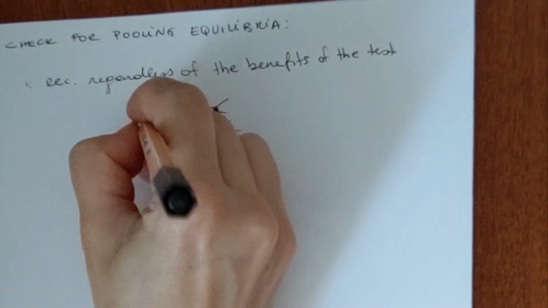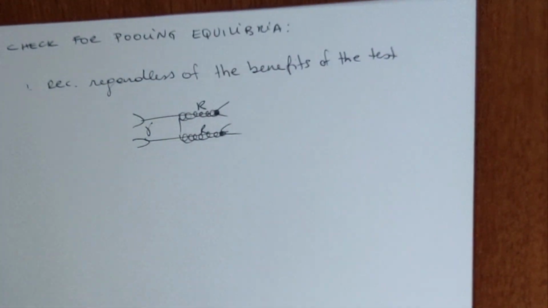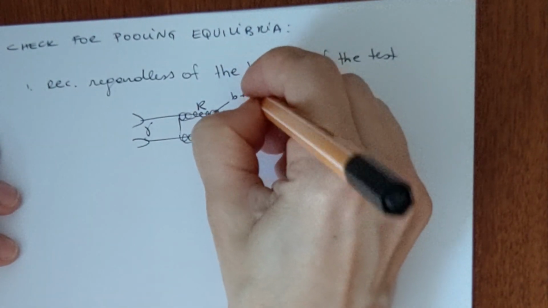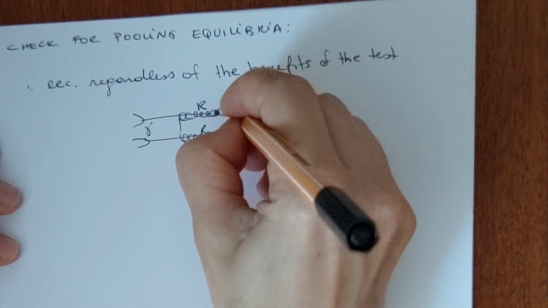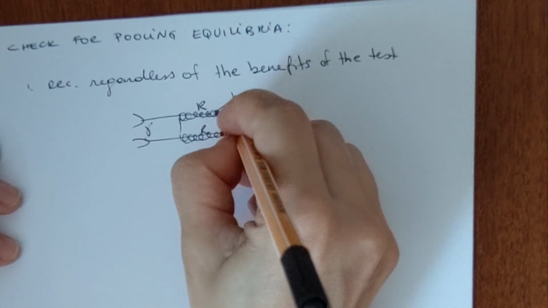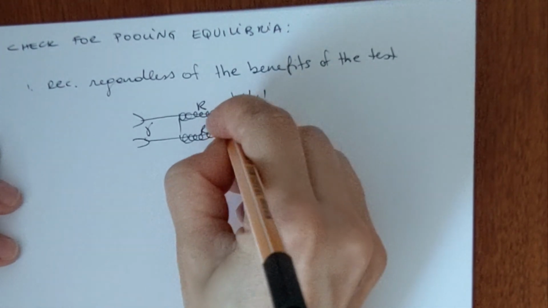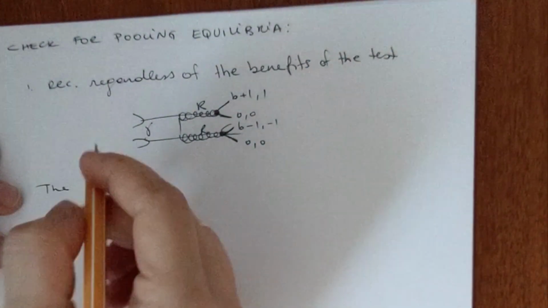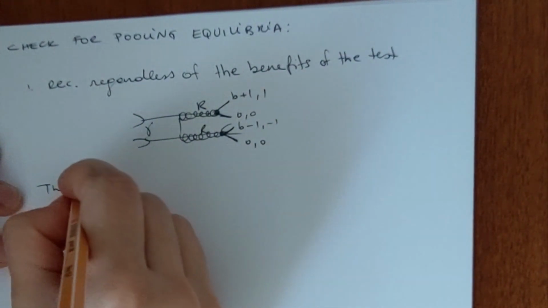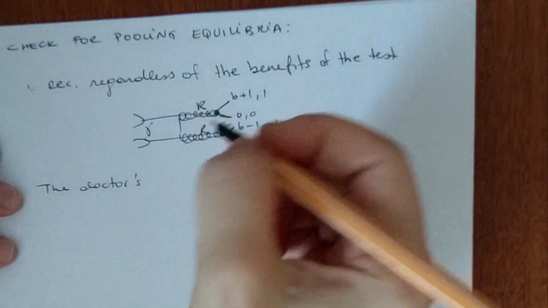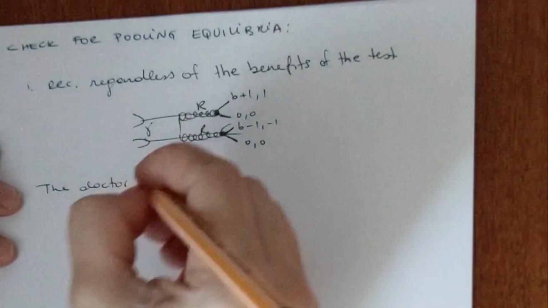And where gamma is a free parameter. Okay. So for this we have b plus 1, 1, 0, 0, b minus 1, minus 1, 0, 0. The doctor's message is not informative. That's obvious, right? These are the beliefs that the patient holds.